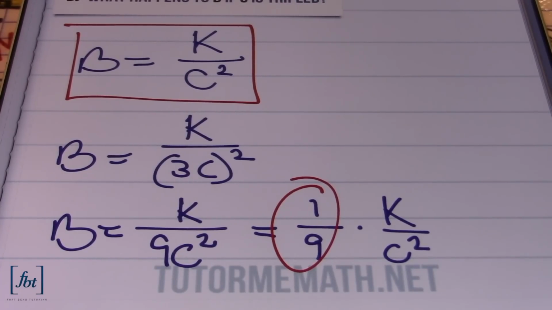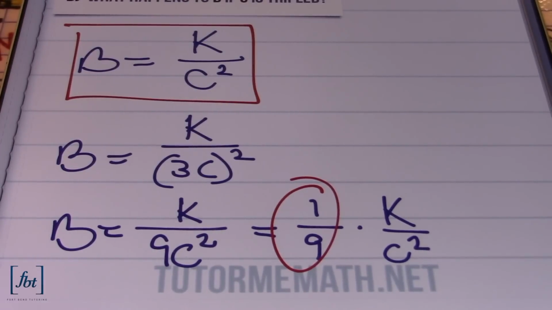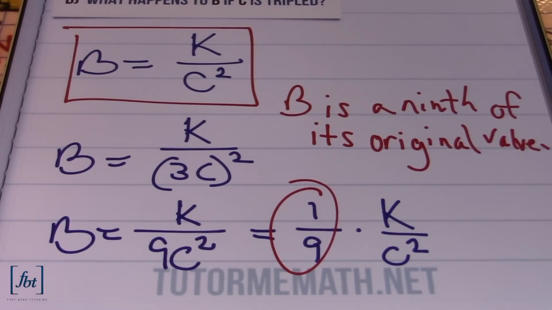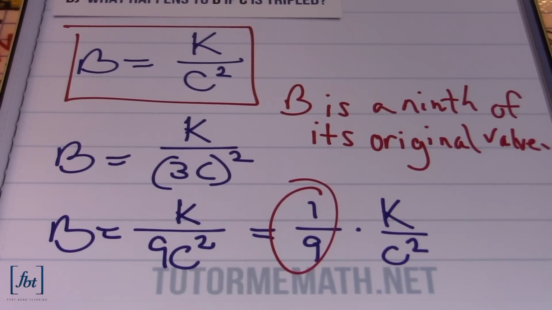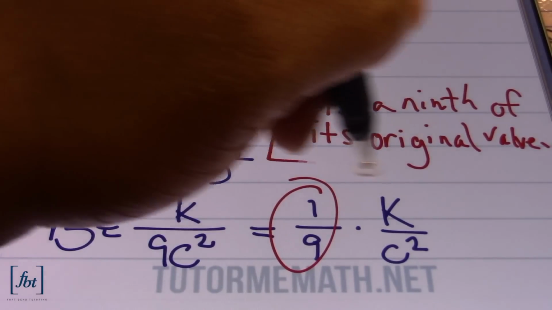So that's what happens to B if C is tripled. You can say that B is 1/9 of its original value, and that will be the answer to part B, and problem number 5. I'm going to red box it, even though it's already in red.